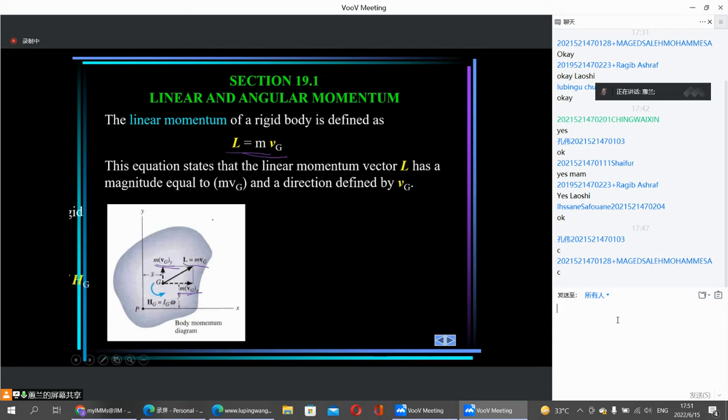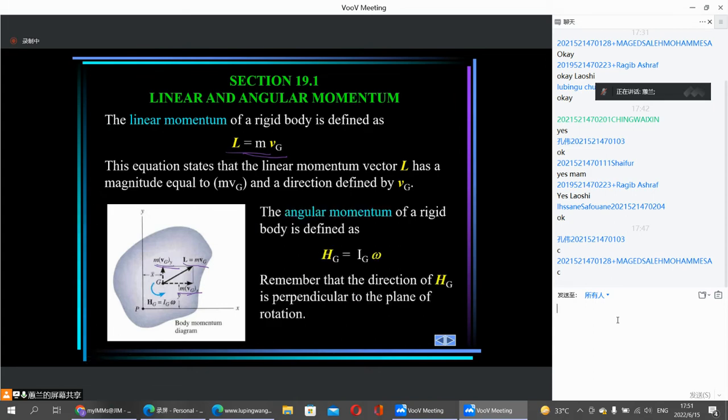And except for the linear momentum, we have the angular momentum. L indicates the linear momentum, H indicates the angular momentum. Here, for angular momentum, you need to define its moment center or the moment axis. Here, we only talk about the angular momentum about an axis, or about G. The G axis is perpendicular to the plane.